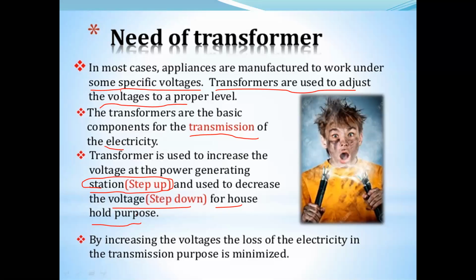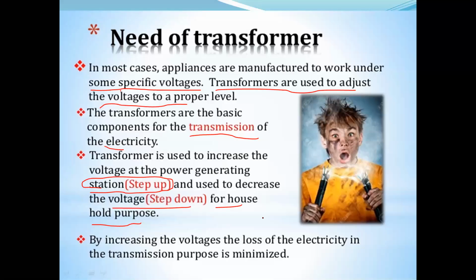We are not able to use voltages like 400 kV or 132 kV. We can use only 230 volts single phase or 440 volts. That is why we need transformers to step up for transmission and step down for household use. By increasing the voltage, the loss of electricity in transmission decreases.